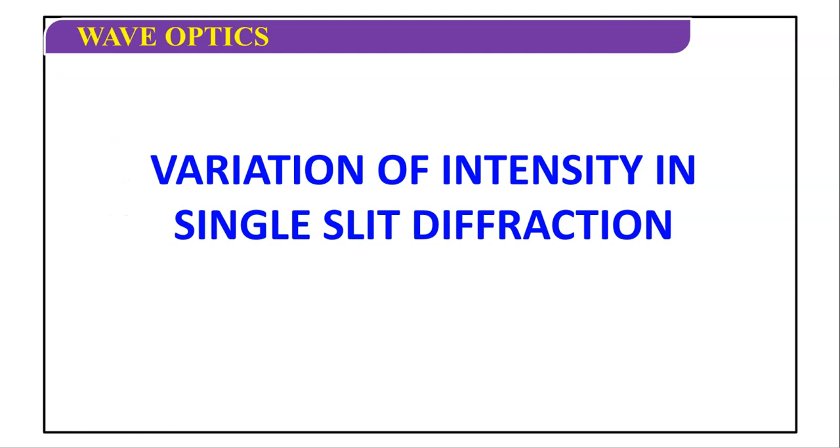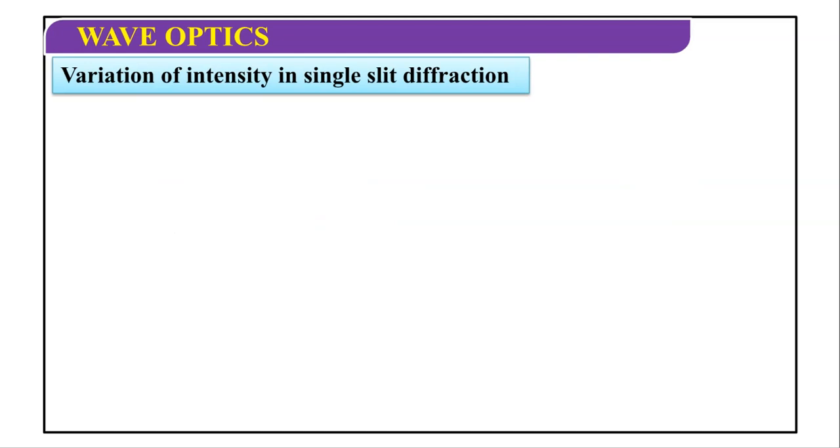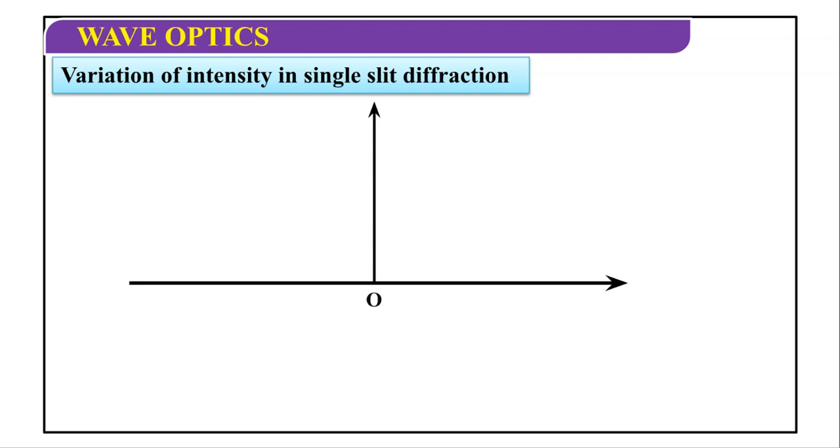Variation of intensity in single slit diffraction. Variation of intensity means the different intensities we will actually get from this experiment. So the variation of intensity in a single slit diffraction will be like this.